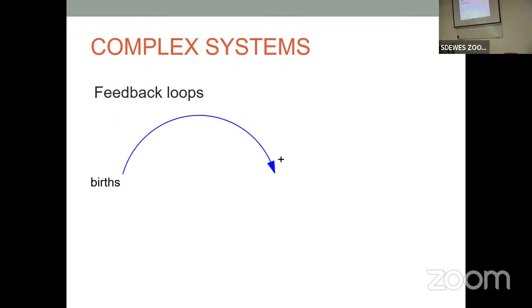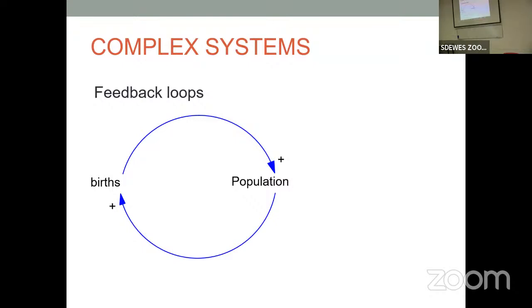Feedback loops. This is usually the first relation that every course of system dynamics shows: the relation between birds and the population.